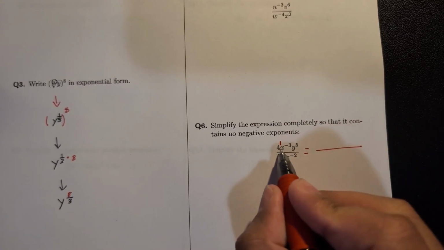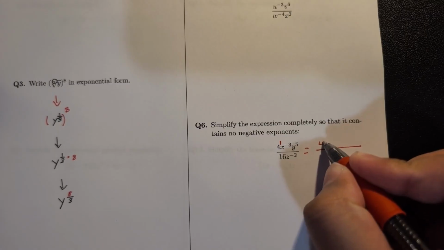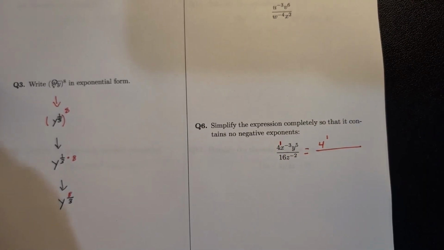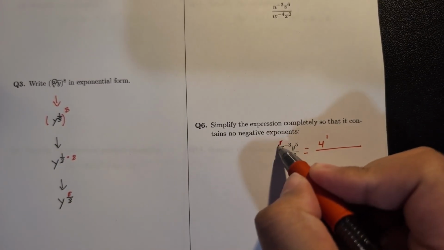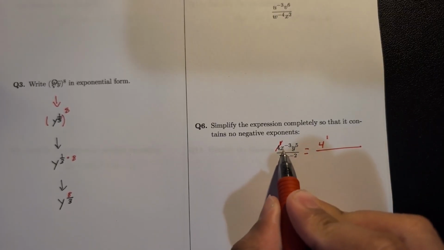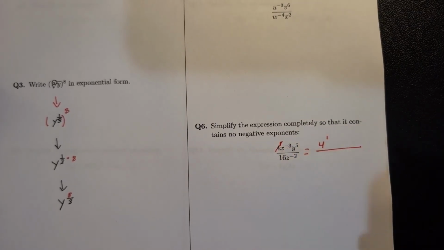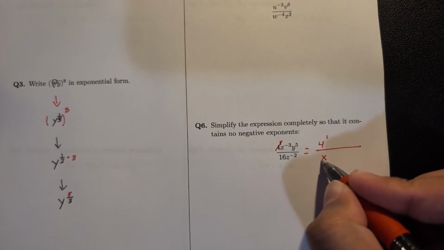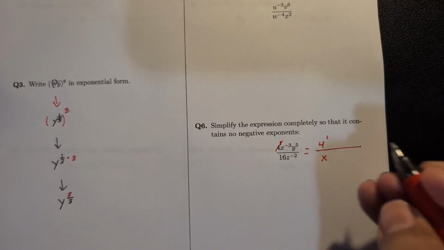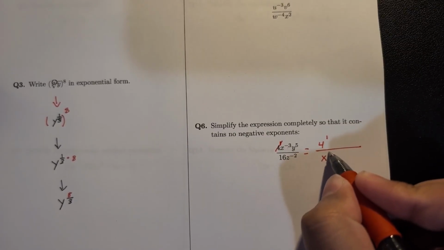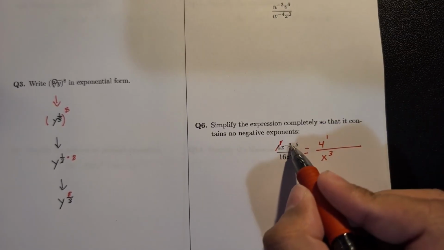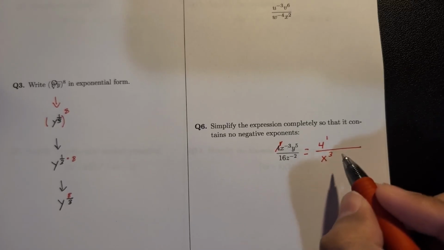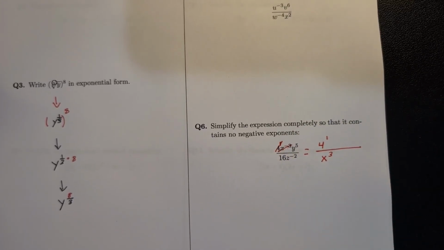So if that has a positive exponent, we keep it where it's at, 4 to the 1. Let's cross it off. Now let's look at x. X has a negative 3 exponent. We need to move it, and the only other place I can move it is to the bottom, and we cross it off.